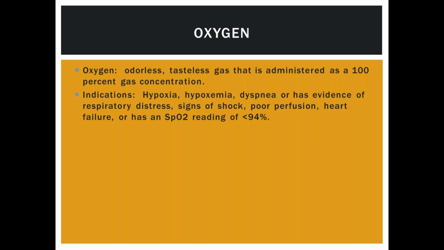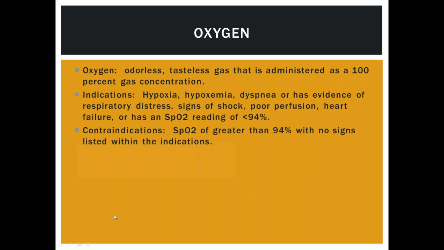So again, going through our patient assessment, honing in on those respiratory characteristics. Our signs of shock, poor perfusion, heart failure, or with pulse oximetry in our protocols, if we see a reading of less than 94%. Our ideal range for that is always going to be in between 94 and 99.